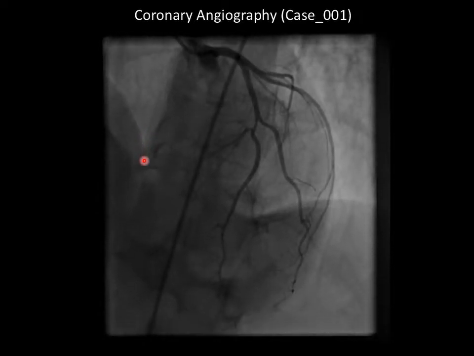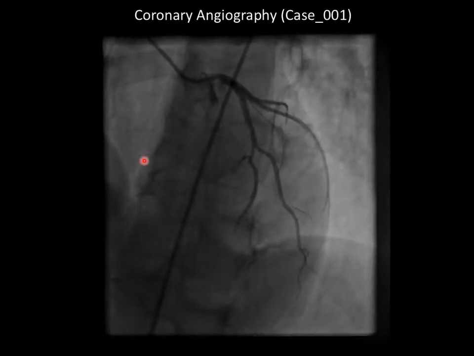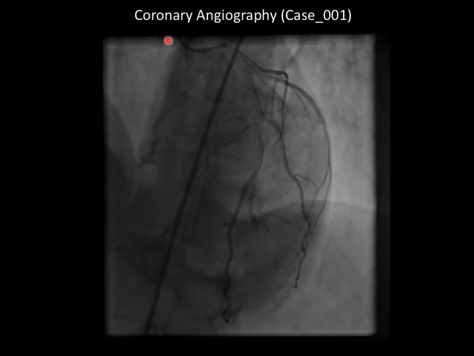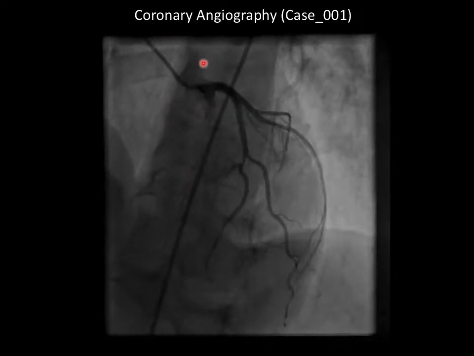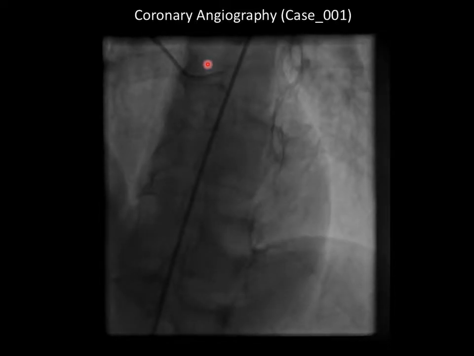So this is an example of a left coronary injection. So this is a catheter plug, and you can see the end of the catheter is here. It's engaged with the left main.